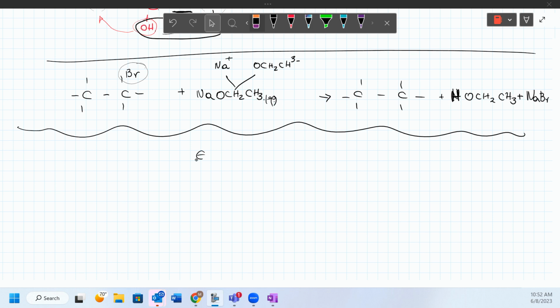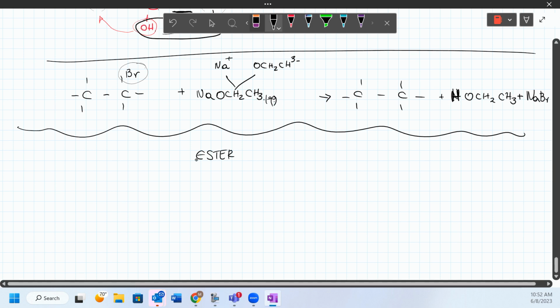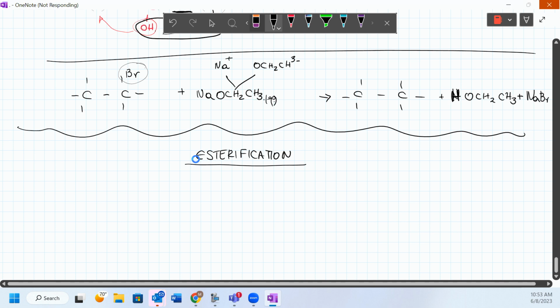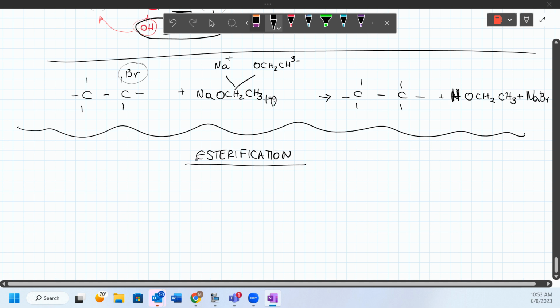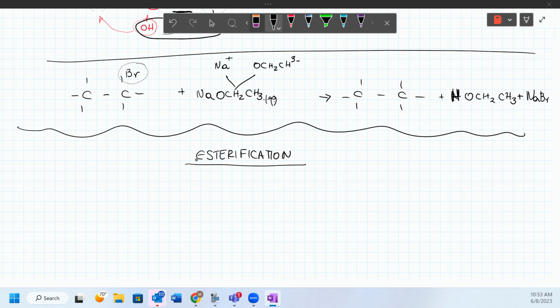So when we are talking esterification, it's the same thing as producing an ester. We even said how to name the ester in the other lessons of organic chemistry, but as a product, it's an ester and water.